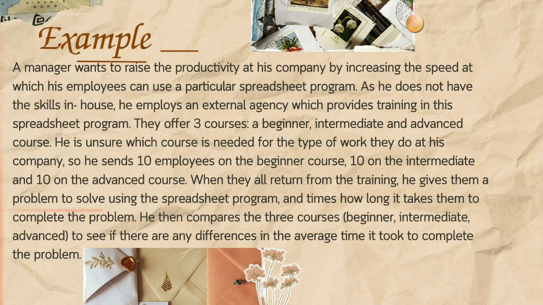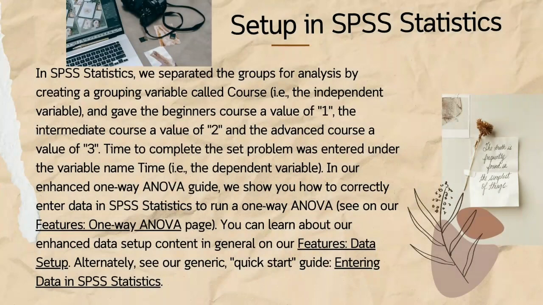He then compares the 3 courses, beginner, intermediate, advanced, to see if there are any differences in the average time it took to complete the problem. Setup in SPSS Statistics.